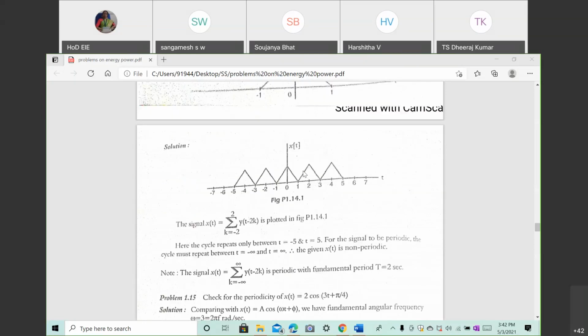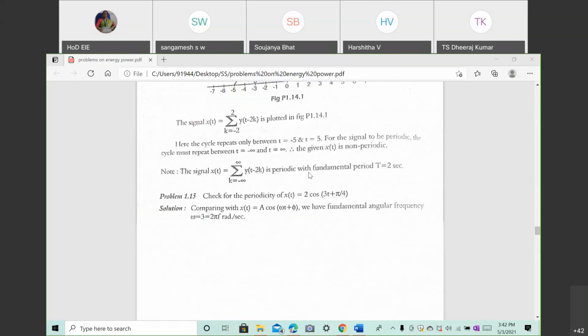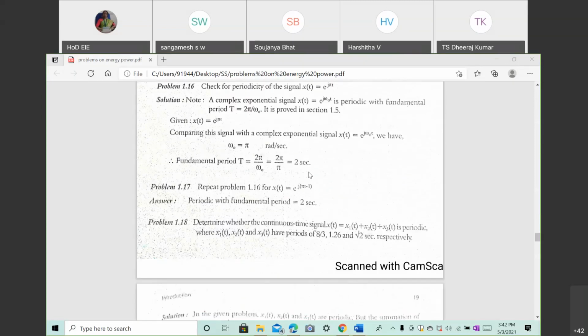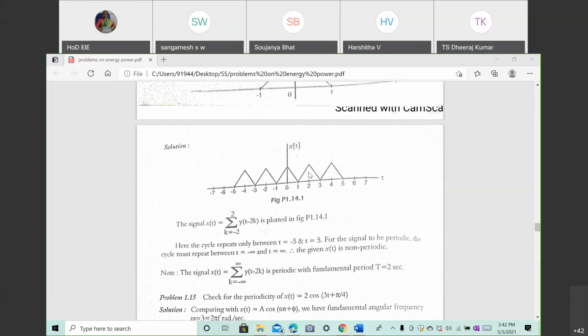And next you see this plot, the triangular waveform. Minus 1 to plus 1, then plus 1 to plus 3, plus 3 to plus 5, and minus 1 to minus 3, minus 3 to minus 5. It is repeating the same pattern of triangular waveform with the same magnitude along the time axis.